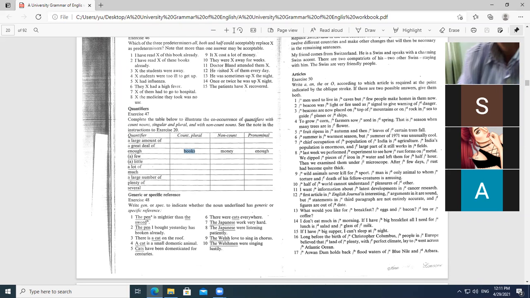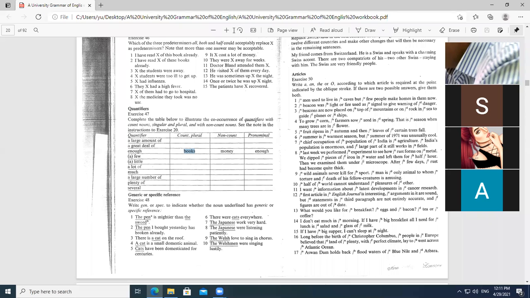The chief occupation of the population of India is agriculture.